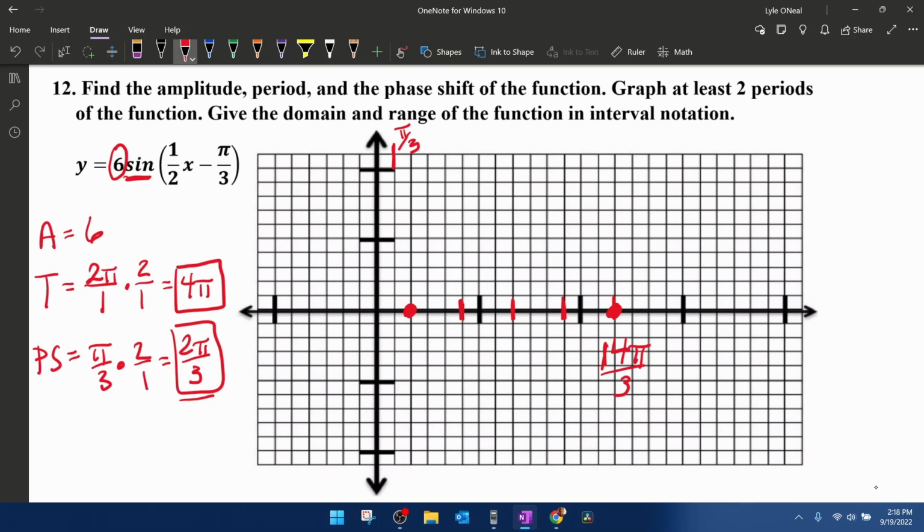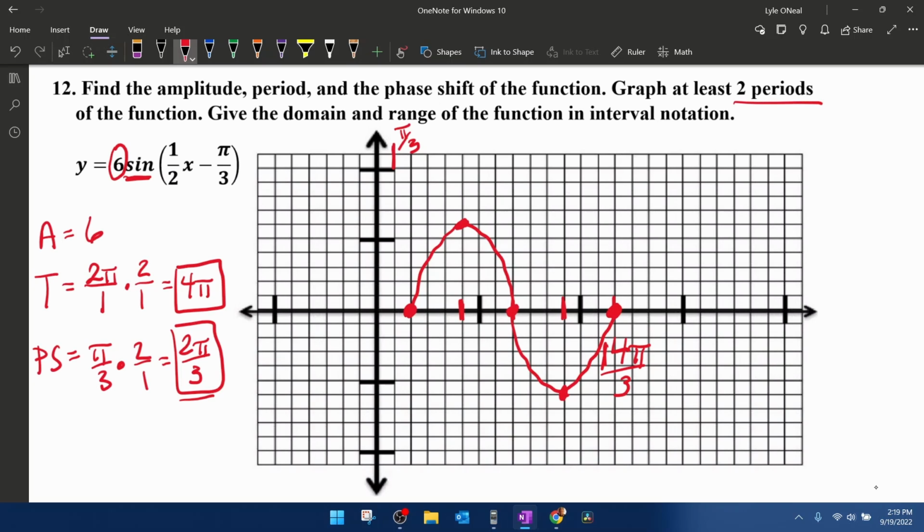The original 6 was positive. That means we're going to be up at 6 at the first hash mark, and then return to the axis, and then down at -6, and then return to the axis, and then connect the dots. And we get our nice smooth sine wave. We need 2 periods.